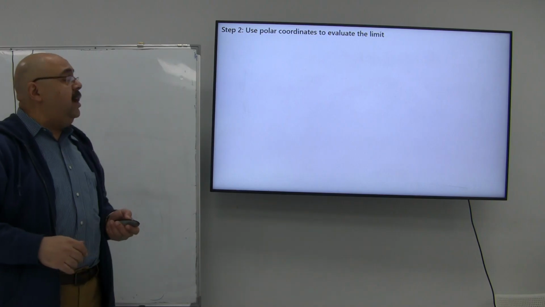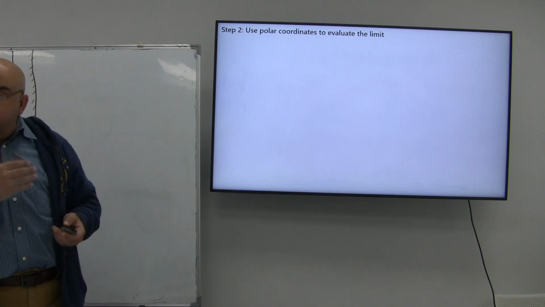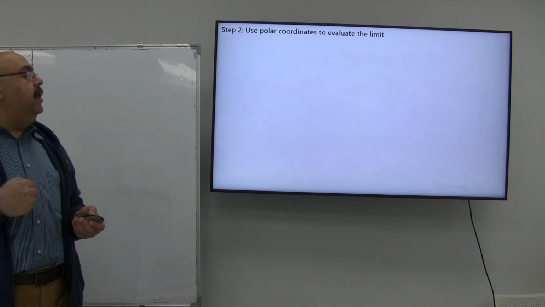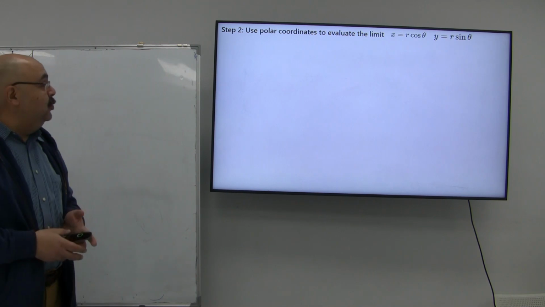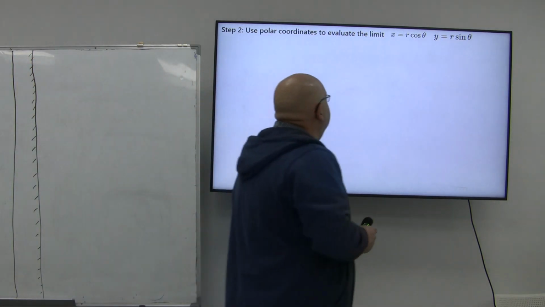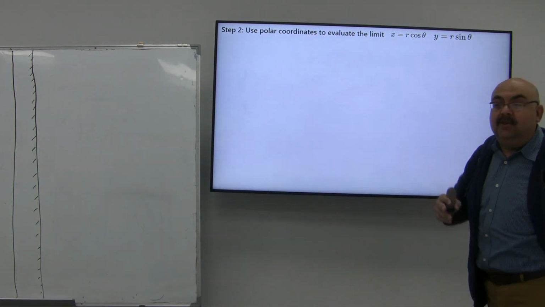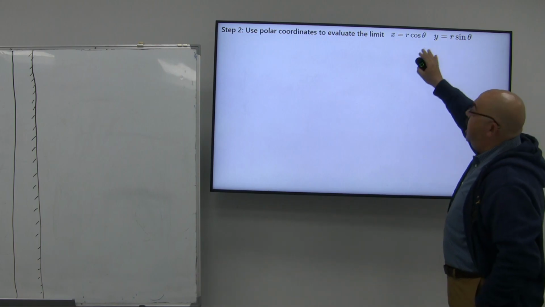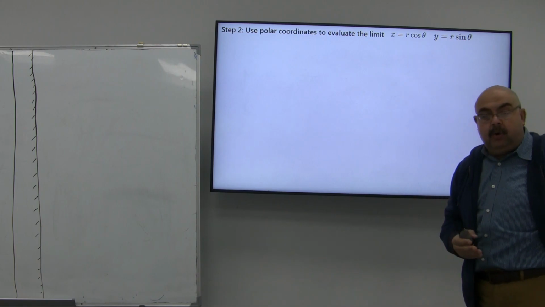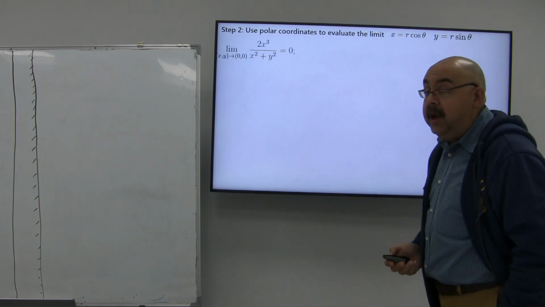And now I want to take you through the theory if you want to do this with polar coordinates. All I have to do is to use x equal to r cosine theta and y equal to r sine theta. I'm choosing these because the point that we are trying to approach is 0, 0.